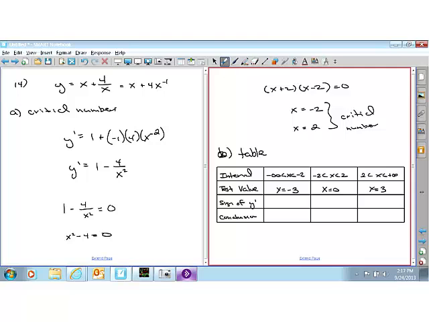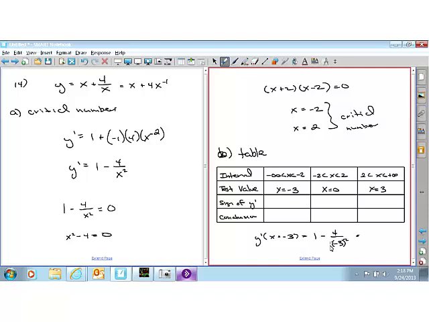So for the sign, you go back to the derivative. We want to find out what y prime is at x equals negative 3. So you get 1 minus 4 over negative 3 squared. Is that going to be positive or negative?